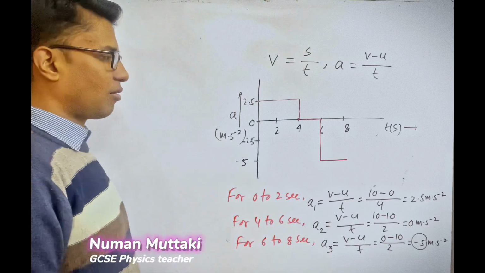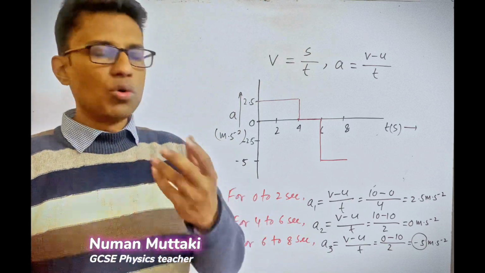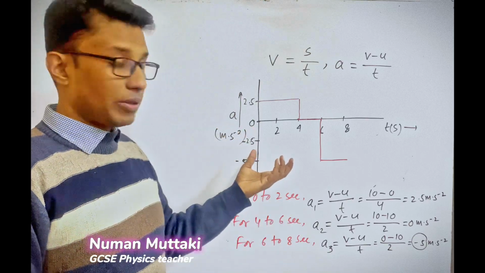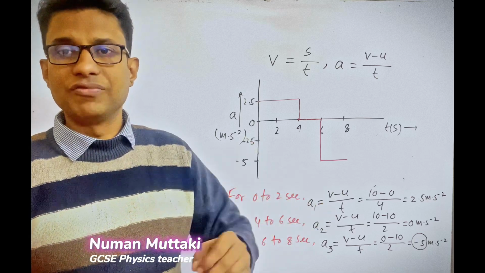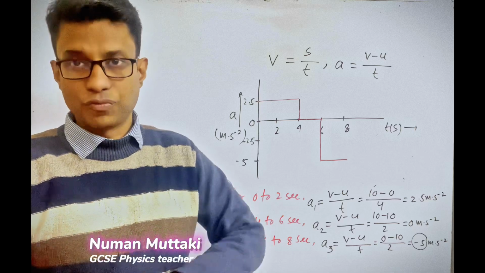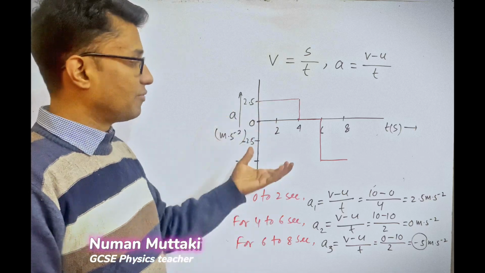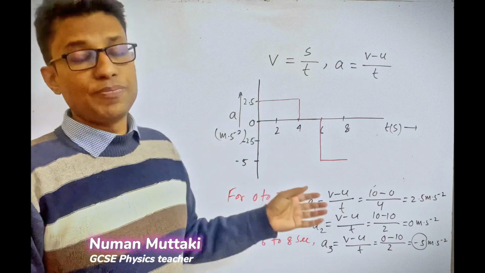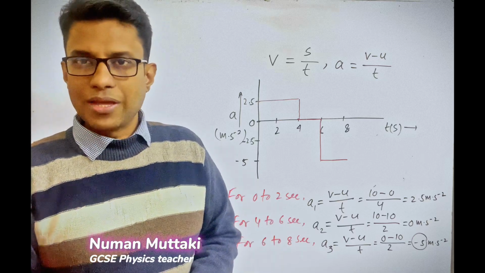So this is the graph of acceleration versus time, drawn by using the velocity versus time graph, and this is a very important topic in your lesson. Thank you very much.